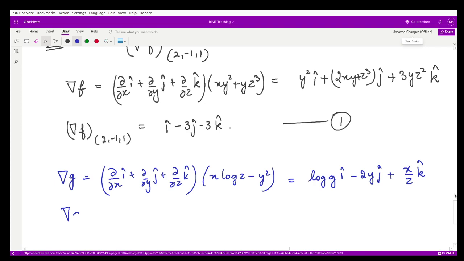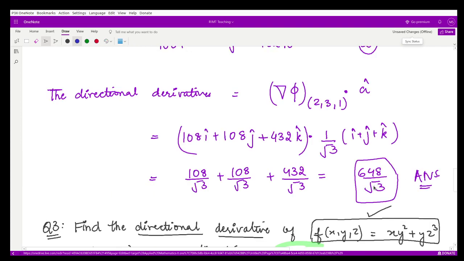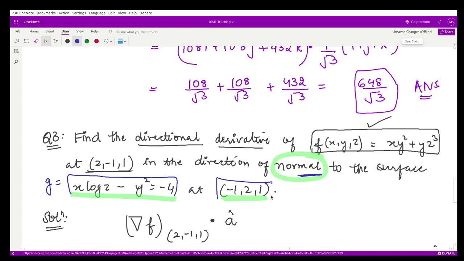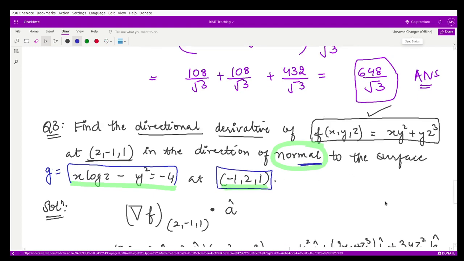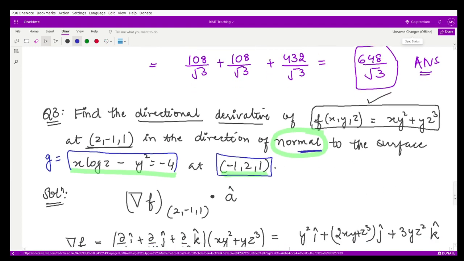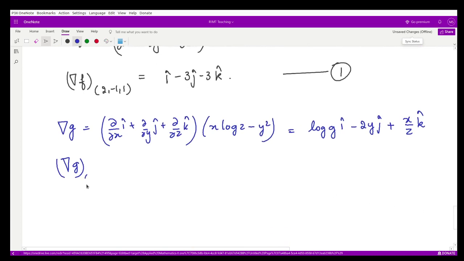And when you evaluate this at the given point, the given point here is the second point which is given to you. So let me show you. This is the point, minus 1 comma 2 comma 1. So when you substitute this point here, this is log of z, not g.